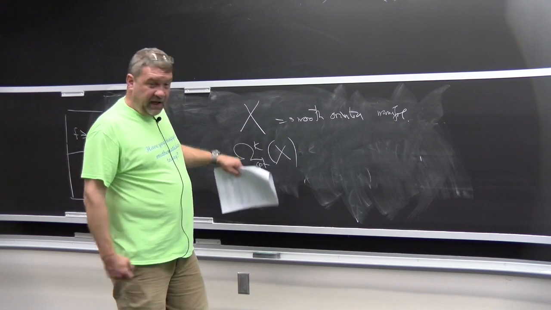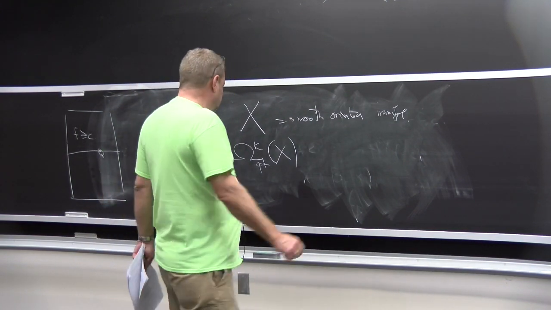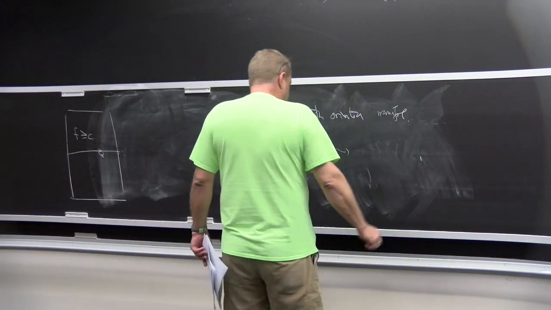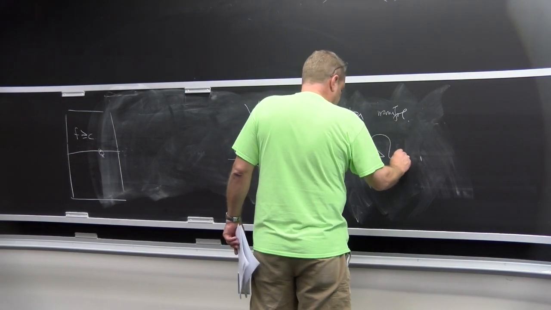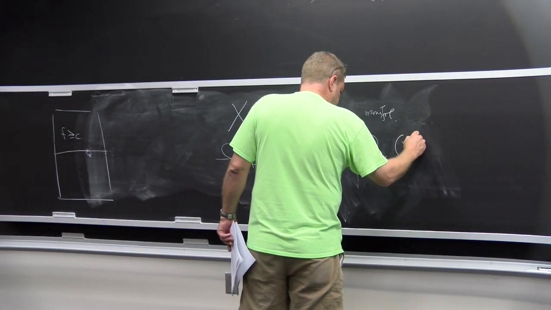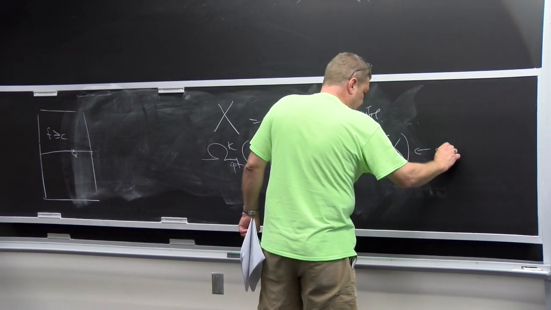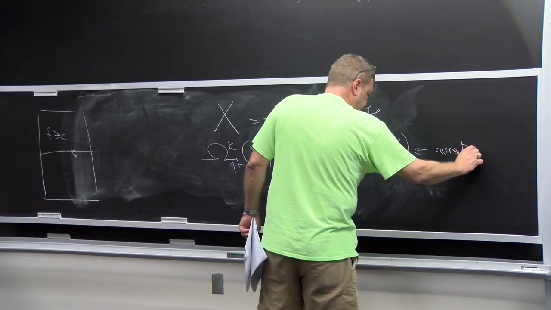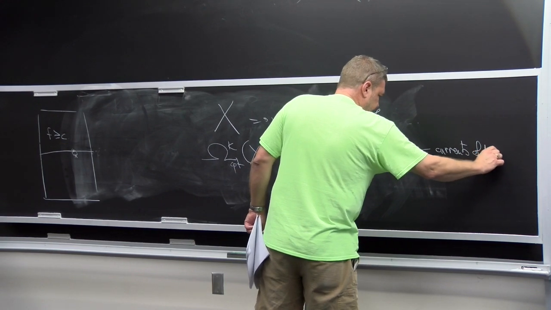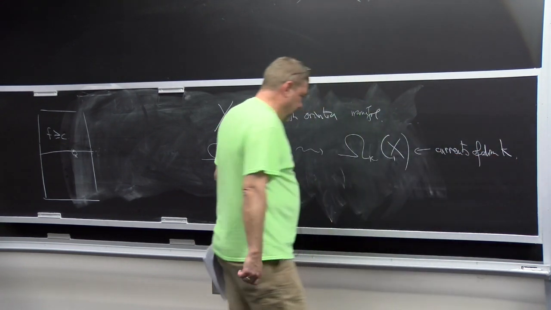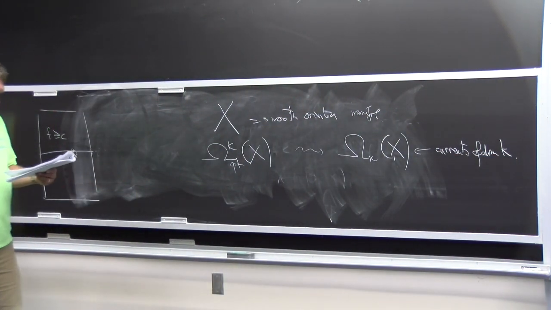It's smooth k-forms with compact support, and the dual of this is the currents of dimension k. Okay, omega lower k.